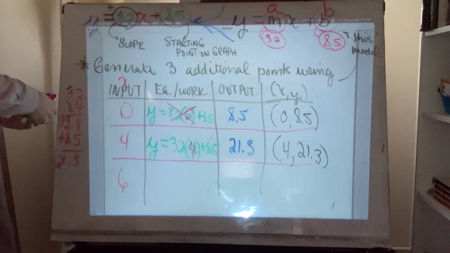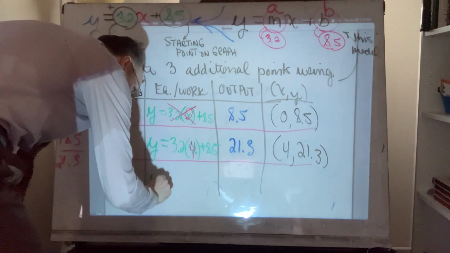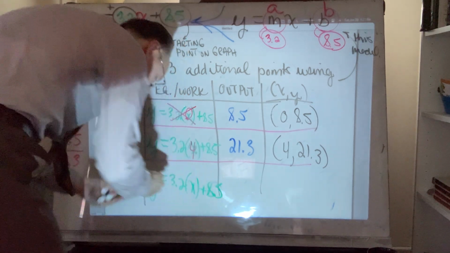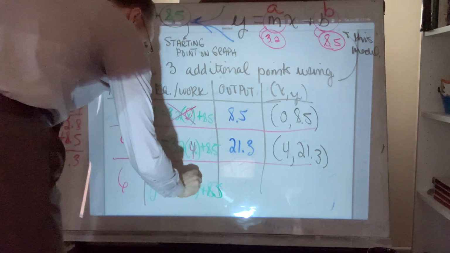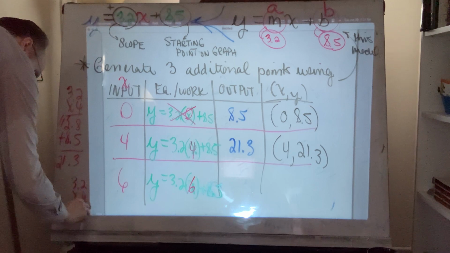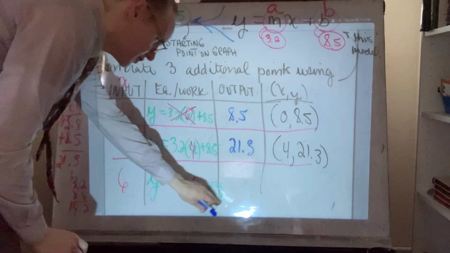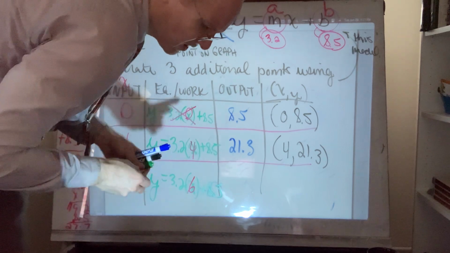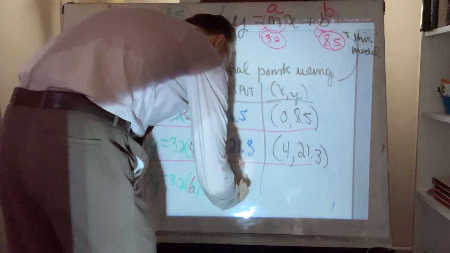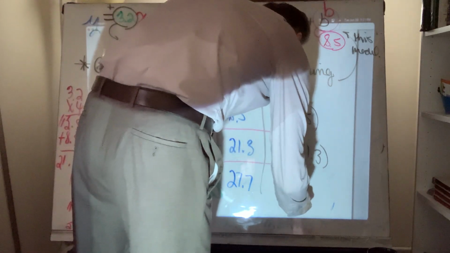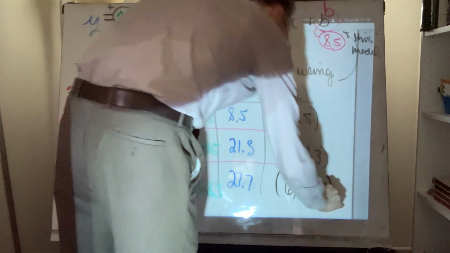And one more time for good measure, if I substitute 6 in place of x, then it's 6 times 3.2, which is 19.2, plus 8.5, which is 27.7. Again paired together, that is at the location of 6, just shy of 28.